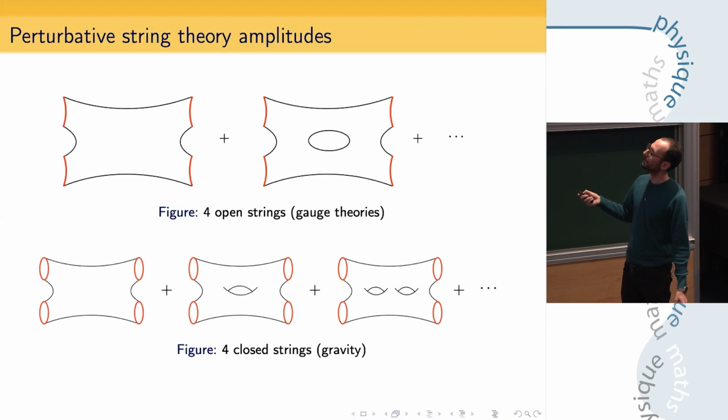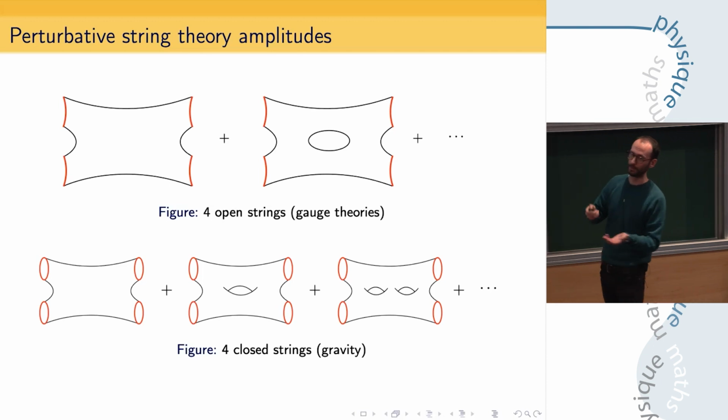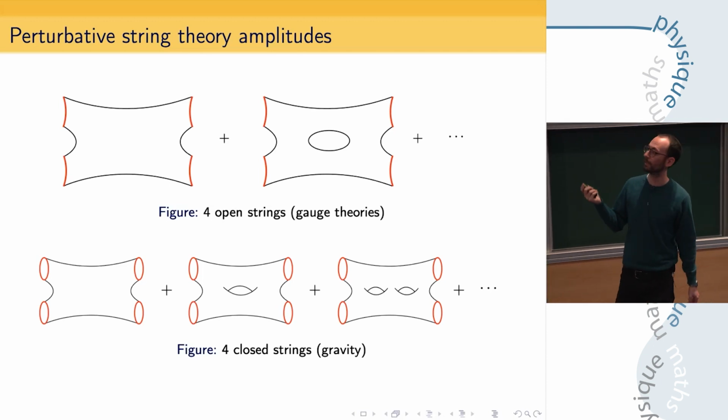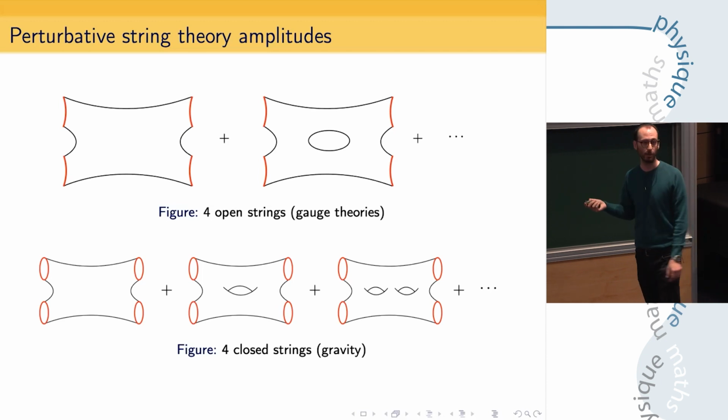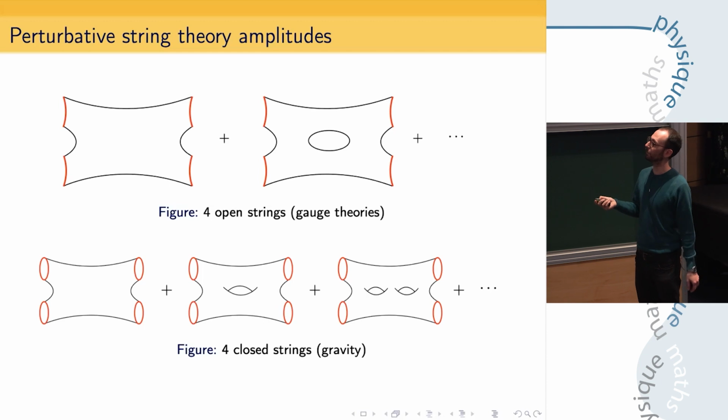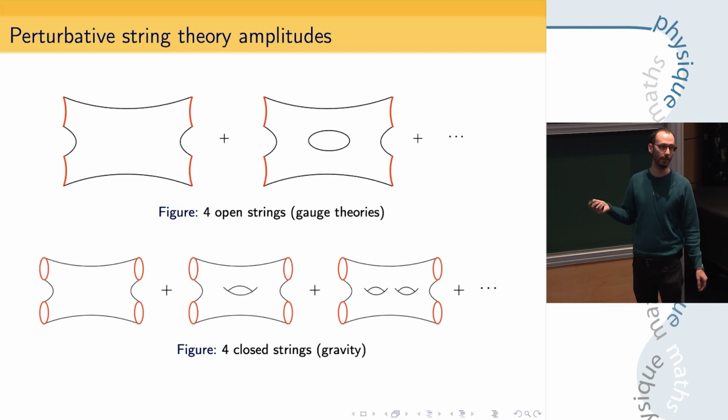And the idea is, exactly like Feynman did for quantum field theories, for the point-like particles, try to imagine all the kind of interactions that can happen between these strings, which are now one-dimensional objects, and you get something which is, in a sense, the analog of the Feynman diagrams you're used to in quantum field theory, which are now surfaces instead of graphs.